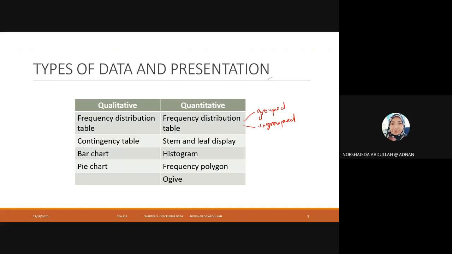And I believe you already learned about this previously during your school days, but maybe this one, stem and leaf display, you all have never met yet. Okay, so we will go through this method one by one.